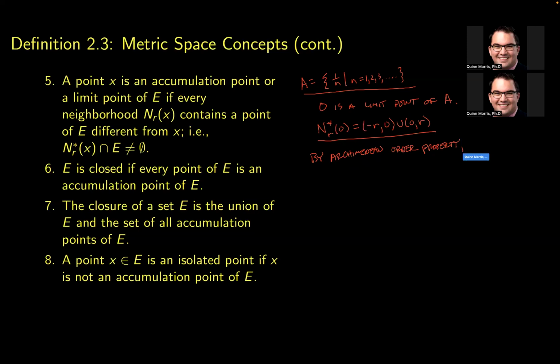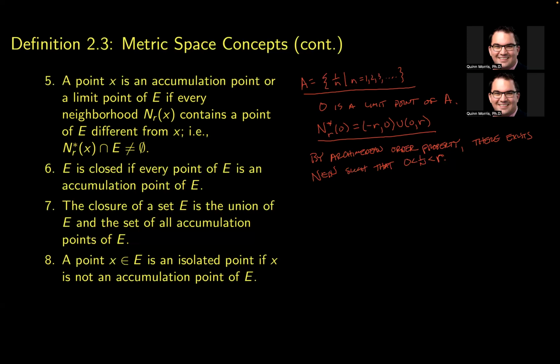So by the Archimedean order property, there exists some capital N, a natural number, such that 1 over N is between 0 and r, right? One of the equivalent versions of the Archimedean order property says that for every real number x, there's a natural number n such that 1 over n is less than x. So here my x is like r, and I'm just finding a number 1 over capital N.